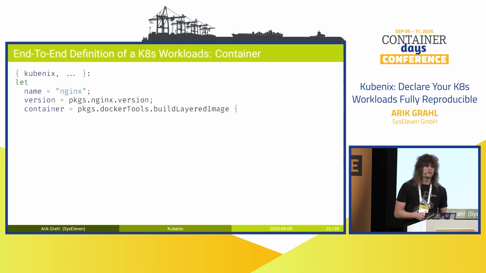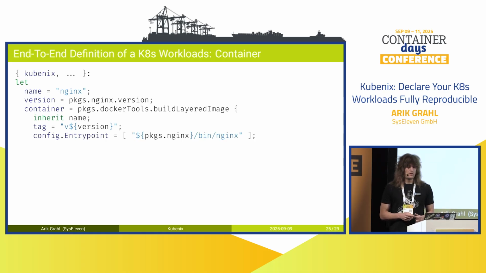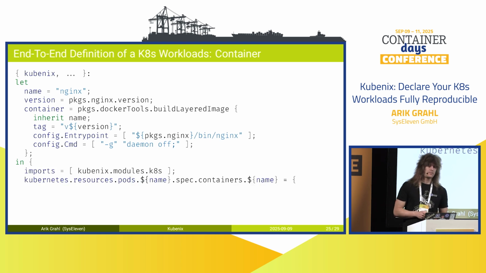Then we can define our container using buildLayeredImage, which is a fully deterministic and very efficient container image builder. For the container image, we inherit the name, and we would tag it then with our version. For the entry point, we are referencing the binary from the corresponding Nix packages package. And to wrap it up, we specify some common arguments.